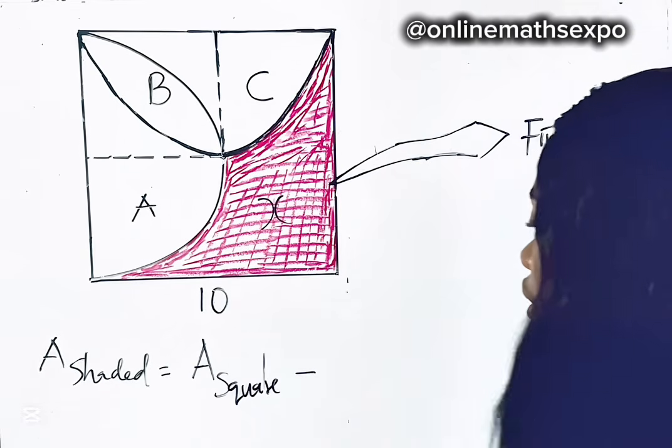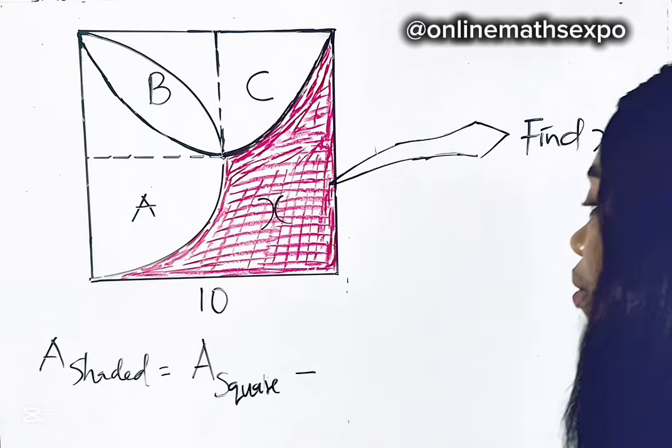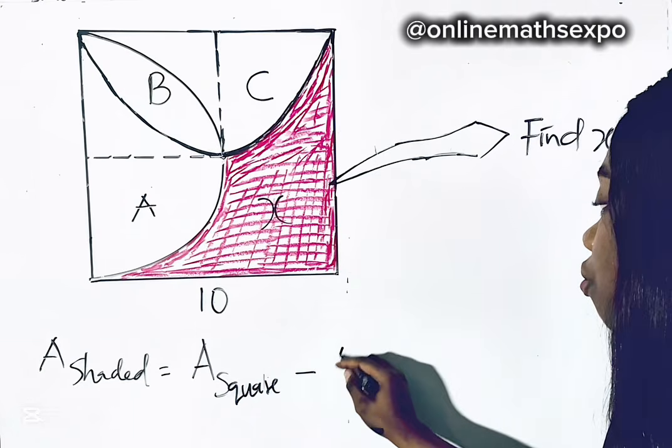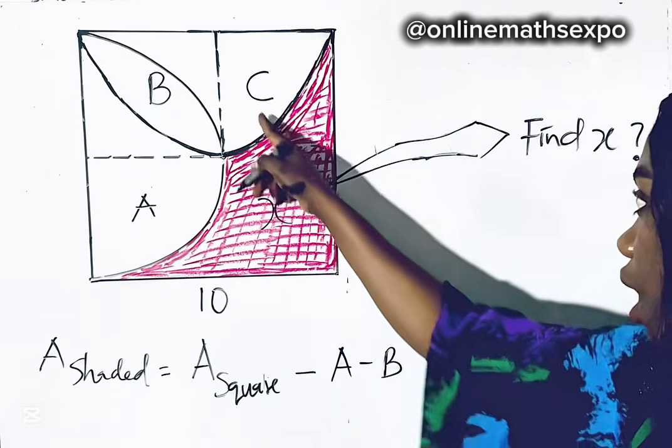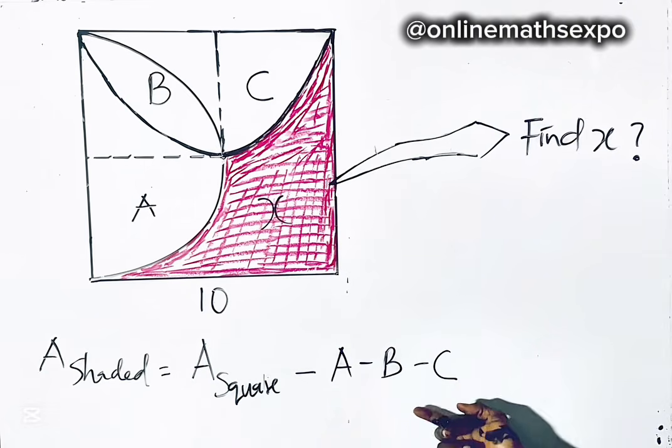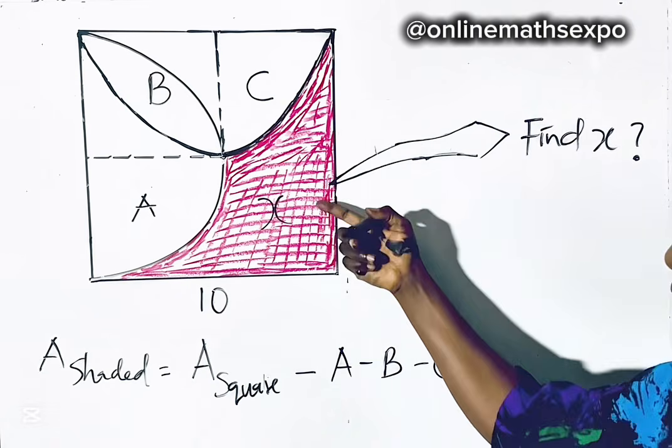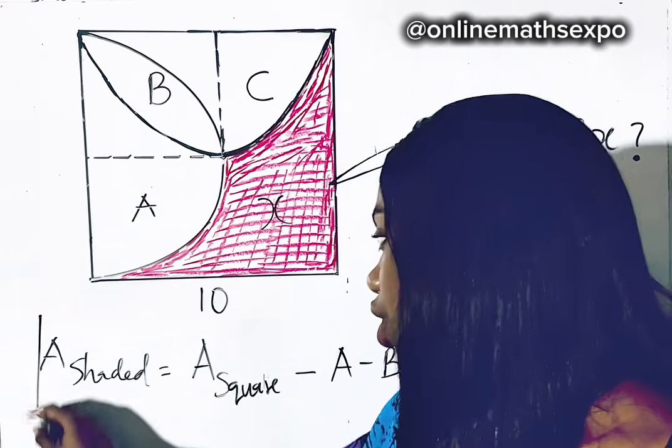So we have the area of the big square minus the area of A minus that of B minus the area of C. This is all we should do to find the area of the shaded region.